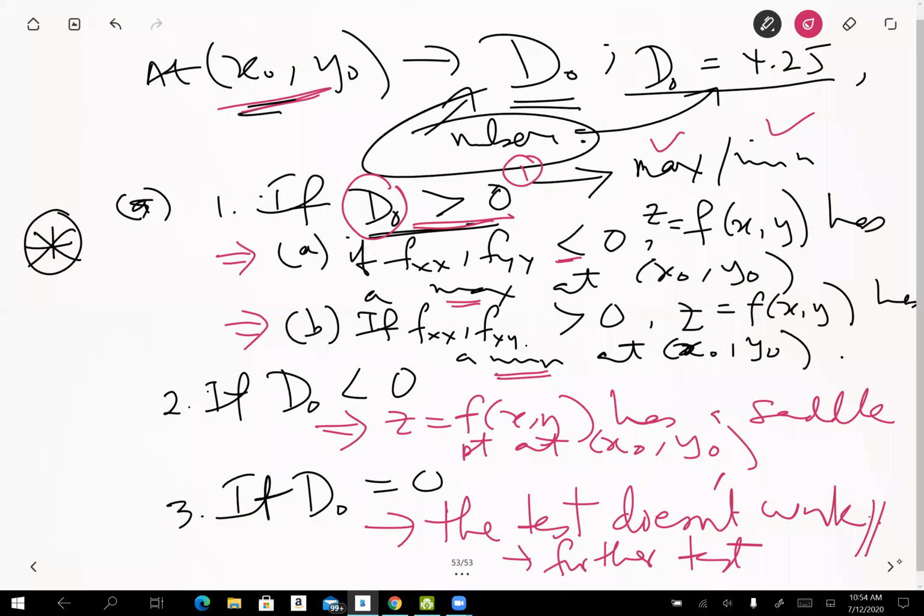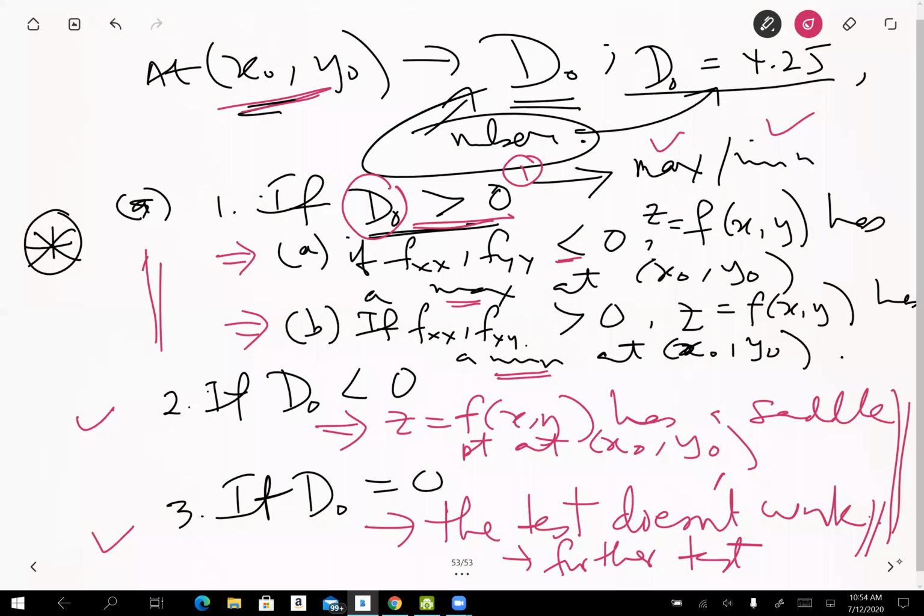So for 2 and 3, if it is negative or 0, then you just conclude accordingly, and then we stop there. All right.